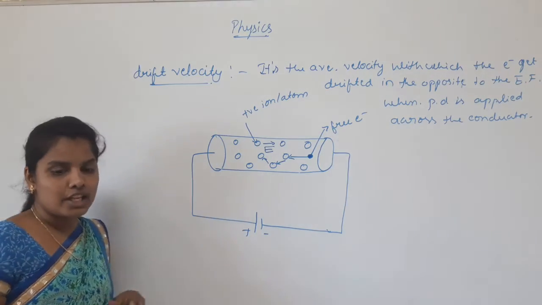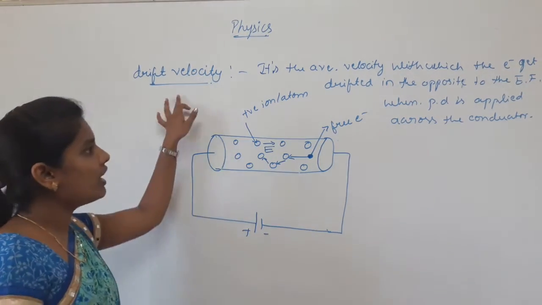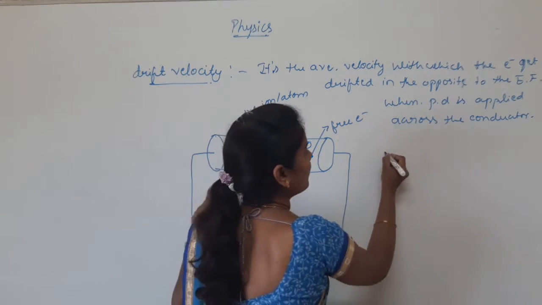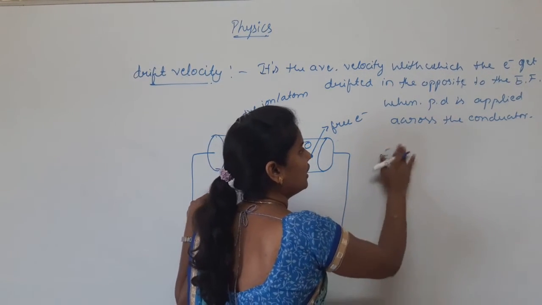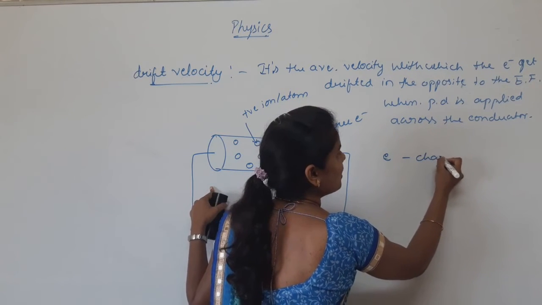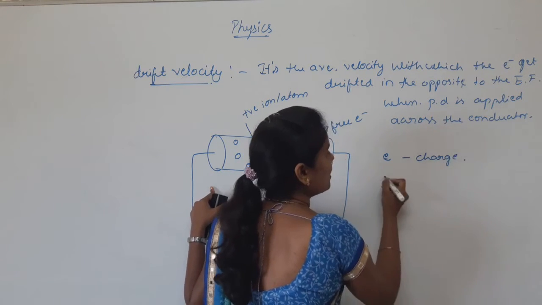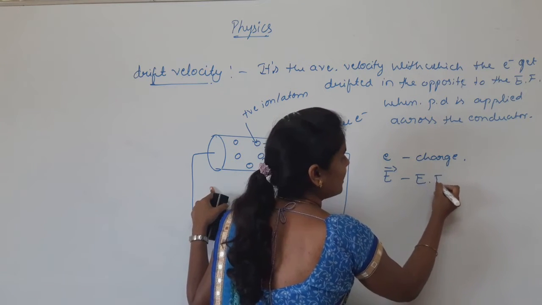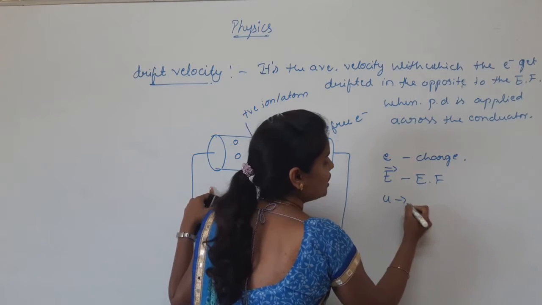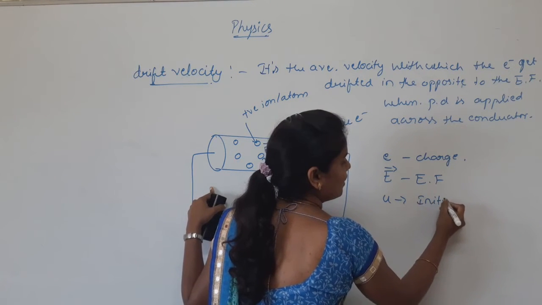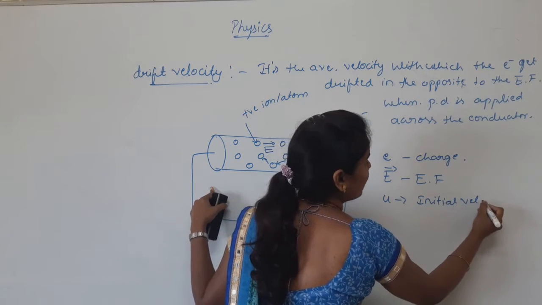Then what is the expression for drift velocity? Here e is the charge of the electron, E is the electric field in the conductor, and u is the initial velocity.